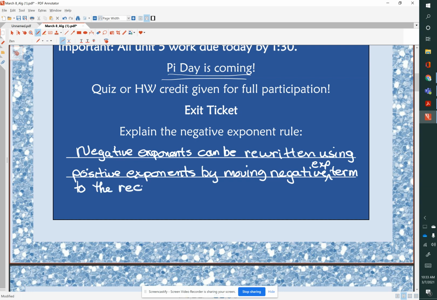And I would say that's its reciprocal. And then make the exponent positive.